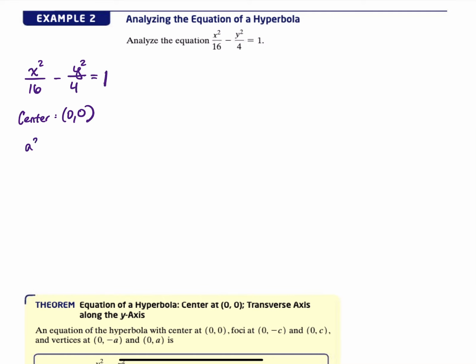Our a squared value is 16, so that tells us that a is equal to 4. Our b squared value is 4, so that tells us that b is equal to 2.